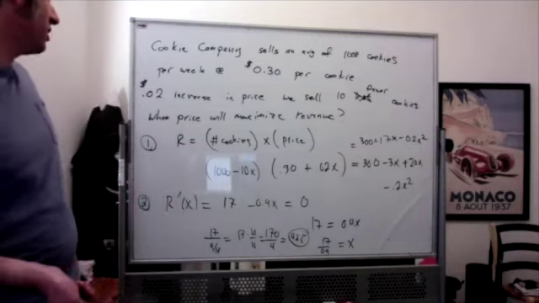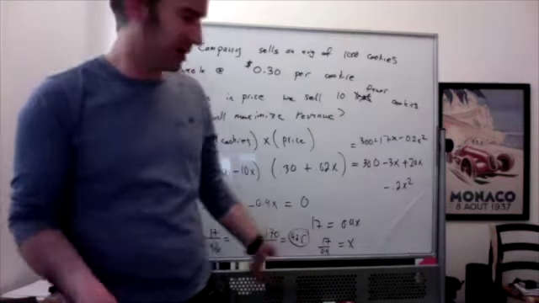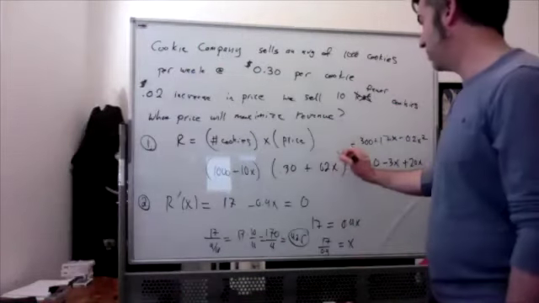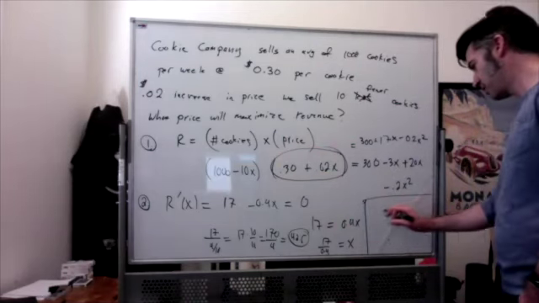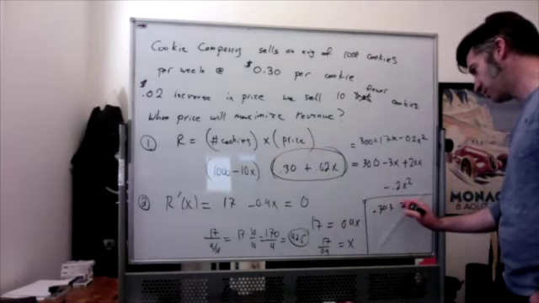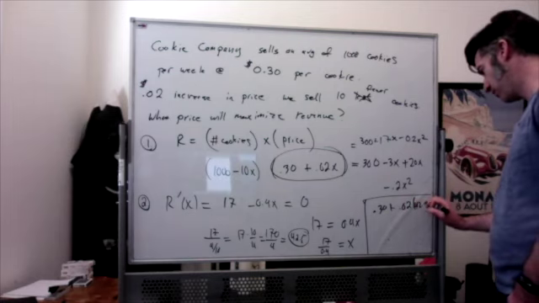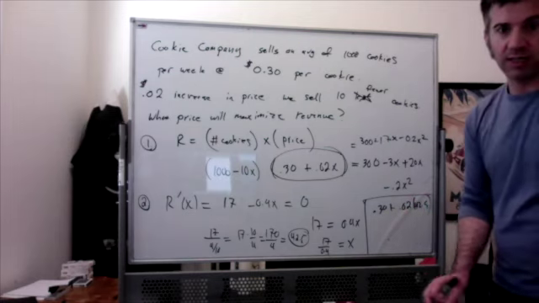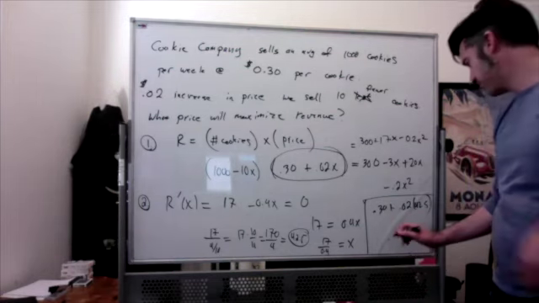So the question is, what price will maximize the revenue? Well, it's not x equal to 42.5. That's not the price. The price is this right here. So it's going to be 30 cents plus 0.02 times 42.5, which ends up being, excuse me, sorry.